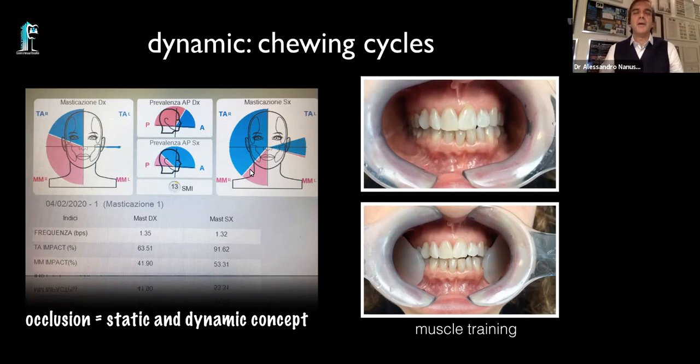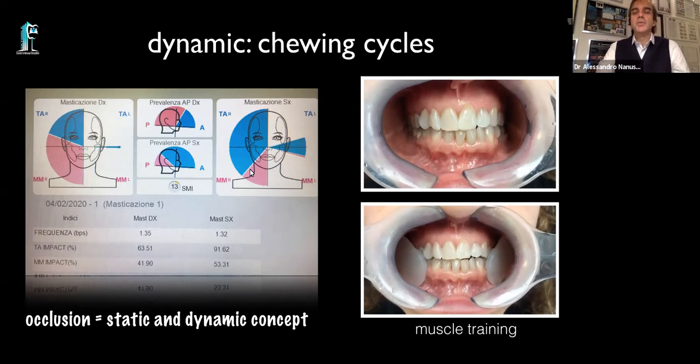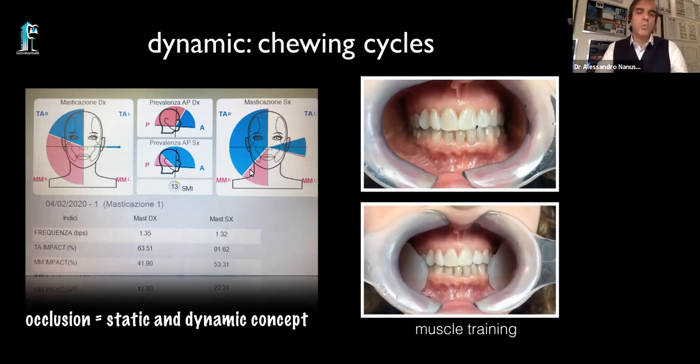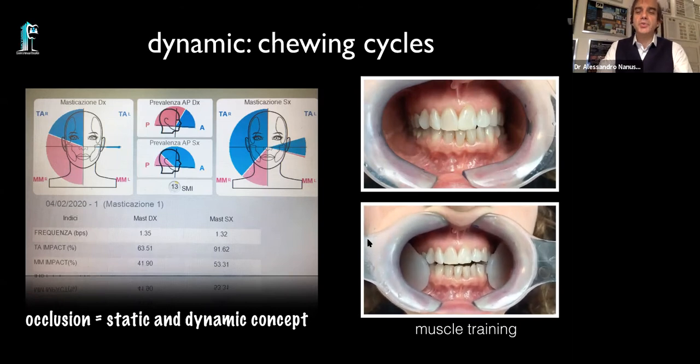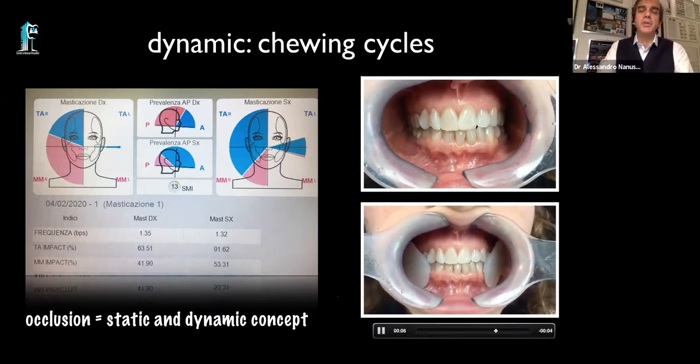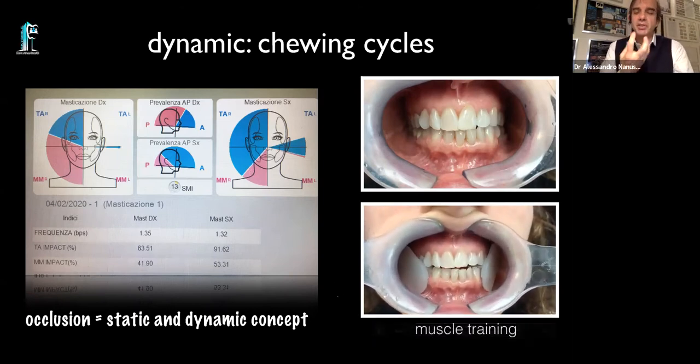So she has bad dynamic chewing cycles. She needs training. You can train with whatever you want. I use this instrument, Alifix, but you can use some elastodontic instrument to train the chewing muscles.